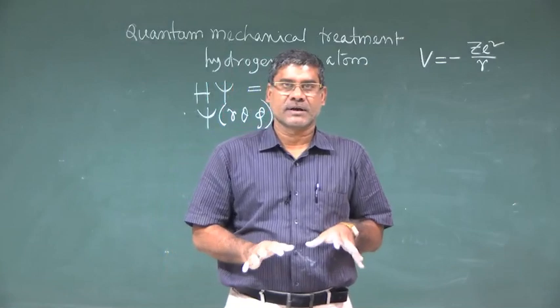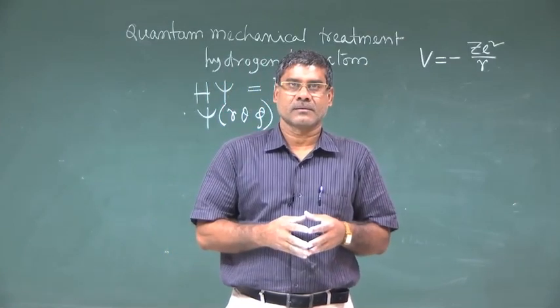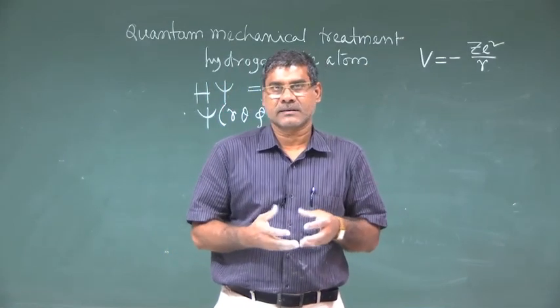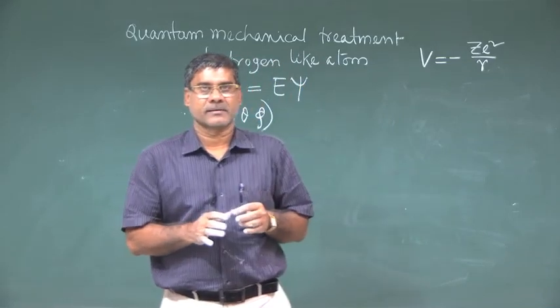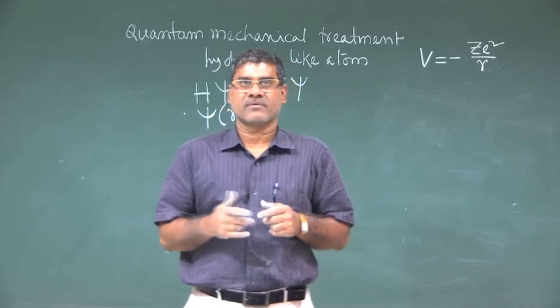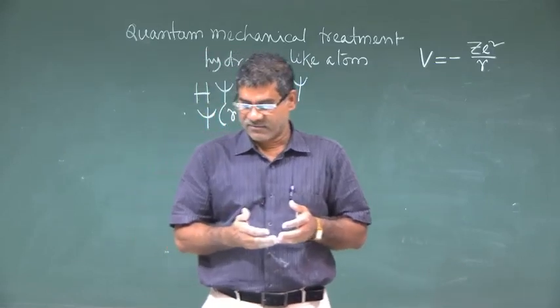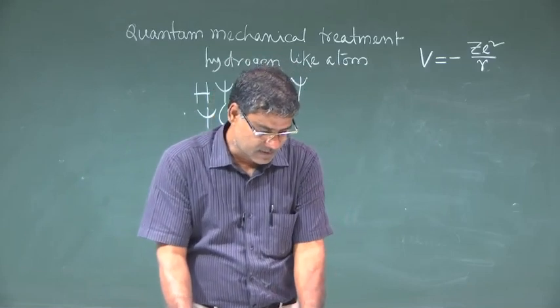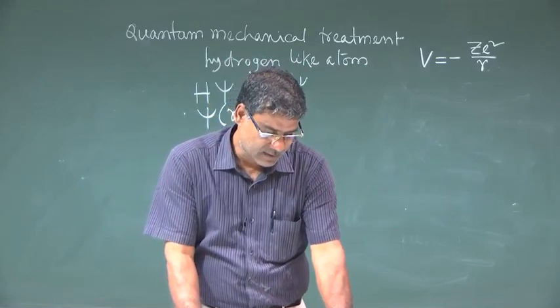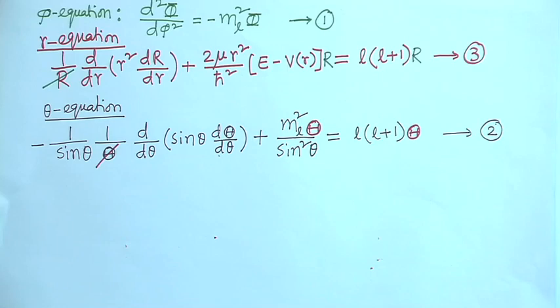So, we are in a position now that, using the separation of variable method, we have separated the r, theta, phi equation. So, we have three equations: the phi equation, the r equation and the theta equation.